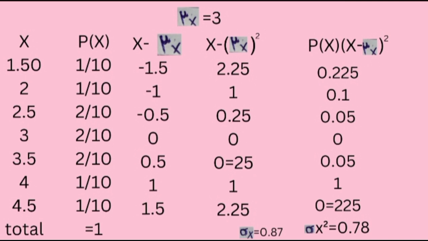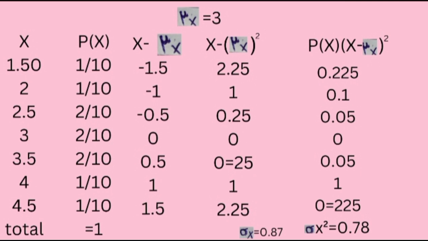2 over 10 times 0 is 0. 2 over 10 times 0.25 is 0.05. 1 over 10 times 1 is 0.1. 1 over 10 times 2.25 is 0.225.